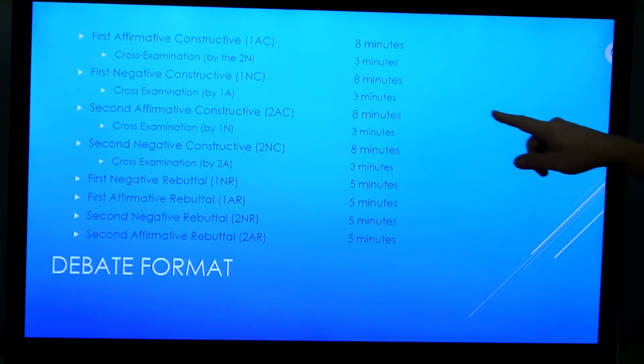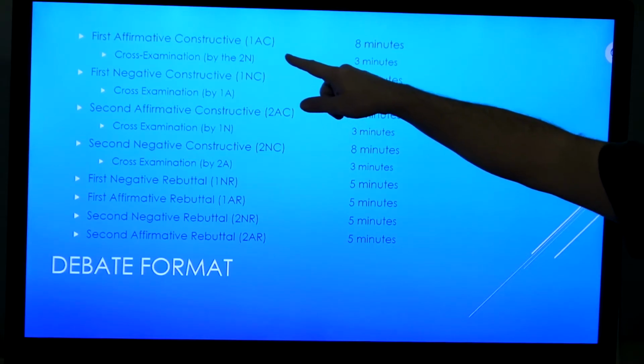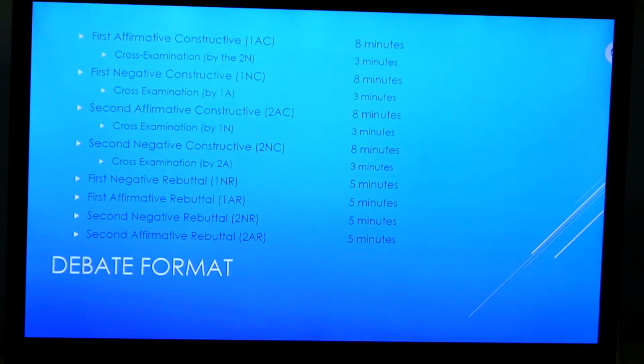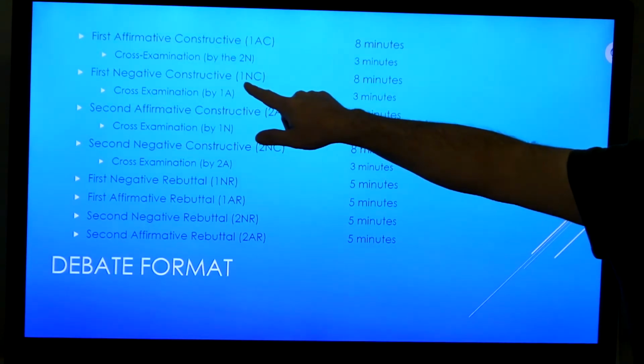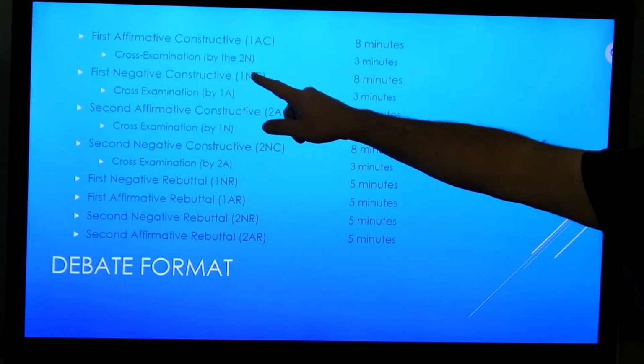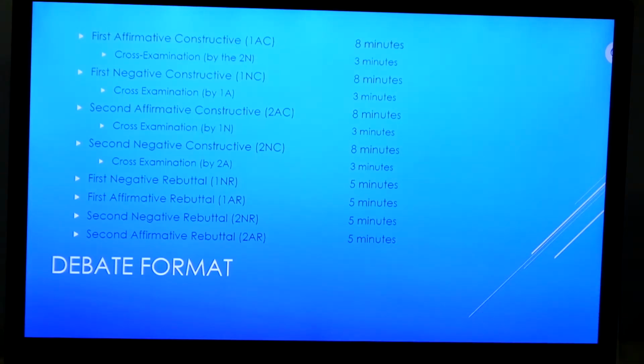As you go through, you get done with the 1AC, you get done with the cross-examination, and then the negative team would say, we're going to start our prep time. You start a timer, and you have 5 total minutes, and you have to manage that 5 minutes for the whole round. So you don't want to take 4 minutes for this speech, because then you only have 1 minute for the rest of your speeches. You're going to keep track of that as you go through the round.